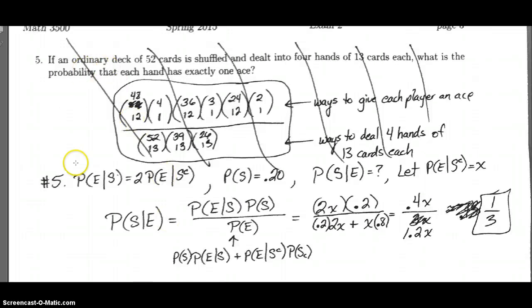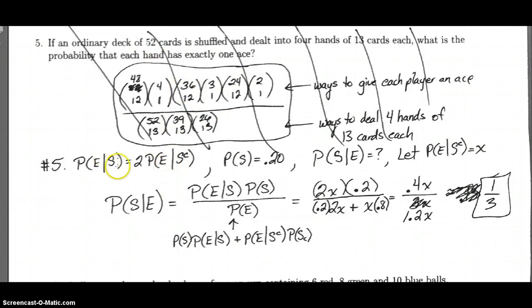Okay, so number 5 here, we have a Bayes problem. I had originally done this problem, but then it duplicated number 4, and I wanted to get Bayes in there somewhere, so that's why you see this crossed out. So we need the probability of an ectopic pregnancy given that you're a smoker. We need the probability of smoker given that you have an ectopic pregnancy.